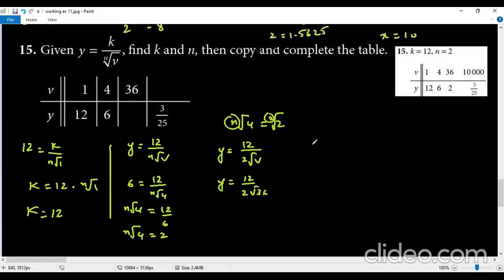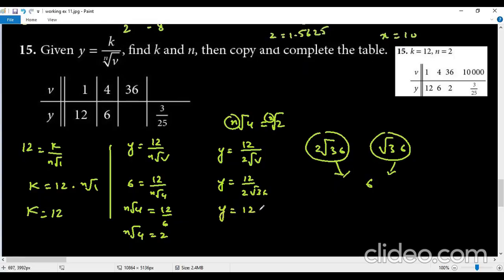Now always remember, if you have a 2 here or if you don't have the 2, both are going to give you an answer of 6. This is the rule, always you must remember. Now y equals 12 divided by 6 is going to give you a 2. So the value of y is going to be 2 when v is 36.